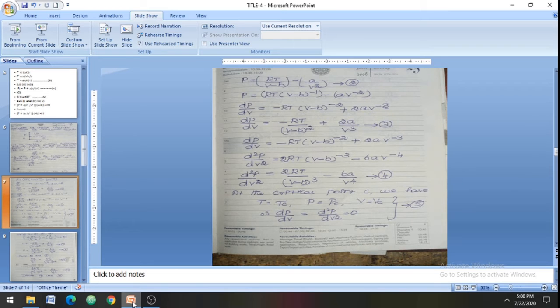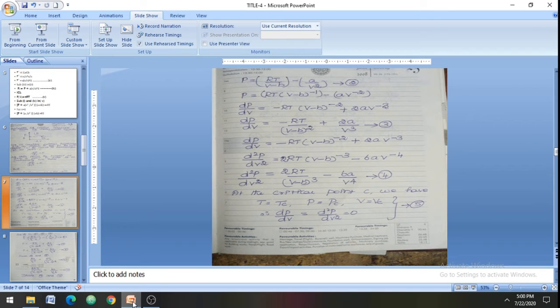So finally we got d²P/dV² = 2RT/(V − b)³ − 6a/V⁴. Is that correct? This is the fourth expression.